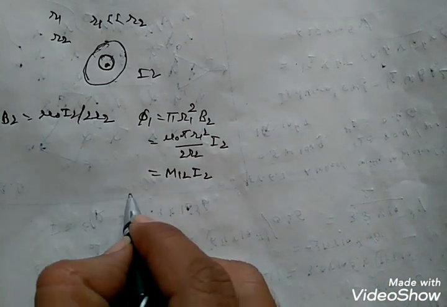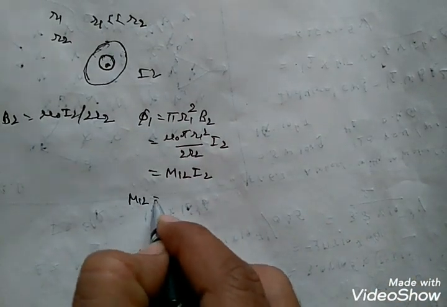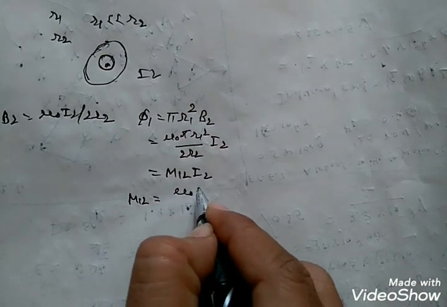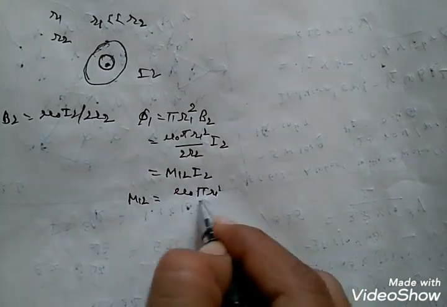So M12 is equal to mu 0 pi R1 square upon 2R2.